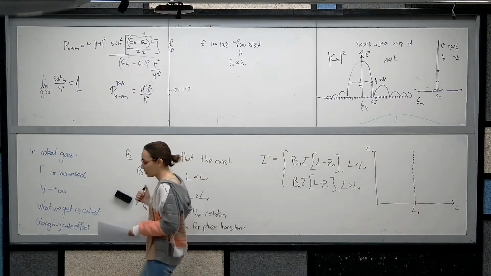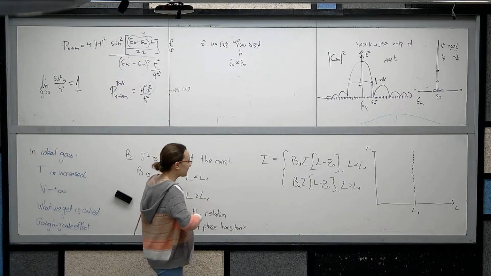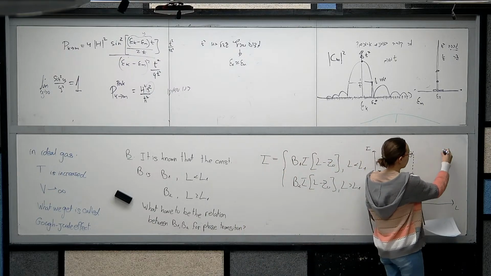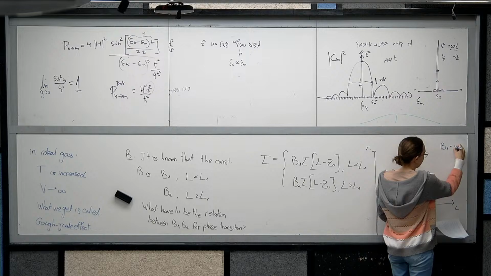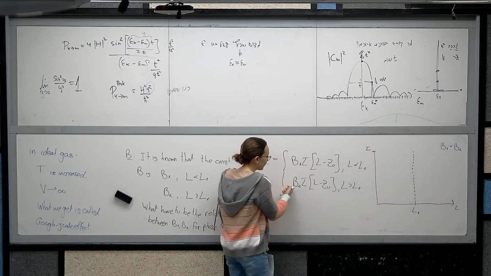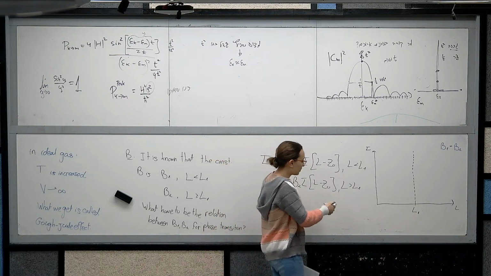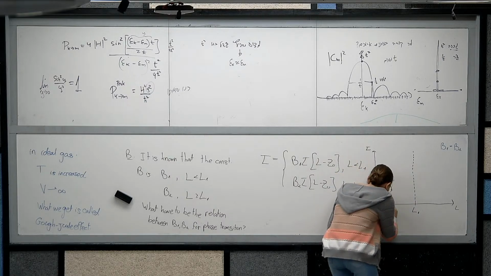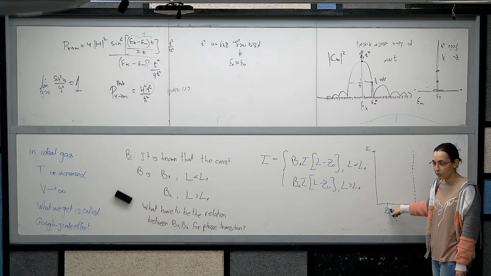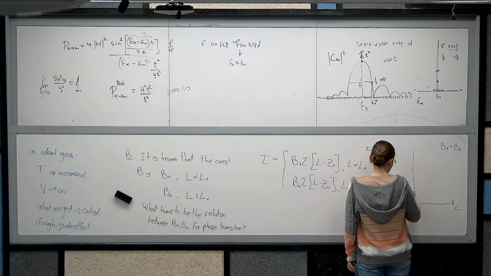Let's start with the easiest case, where B1 equals B2. When B1 equals B2, we just get the same line in phase A and in phase B, a straight line that goes out from some point Z0 on the L axis.